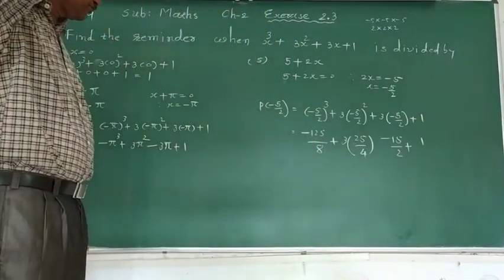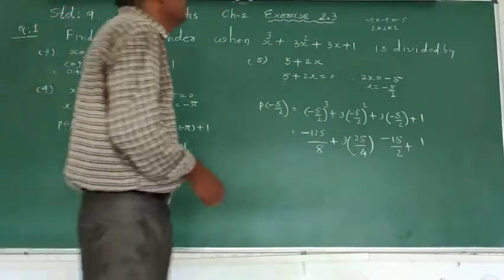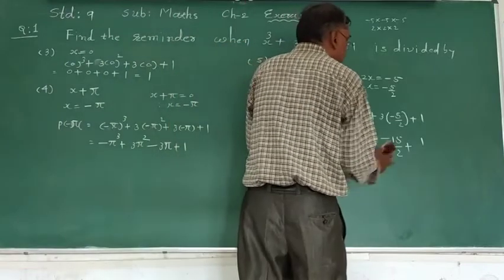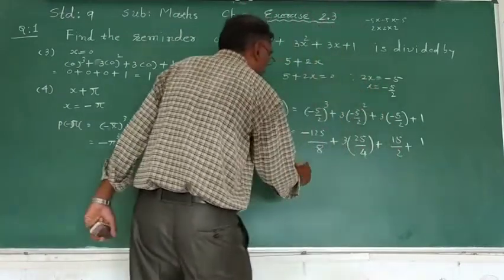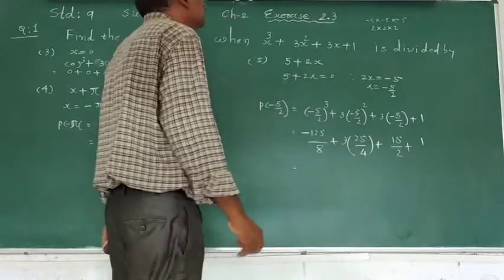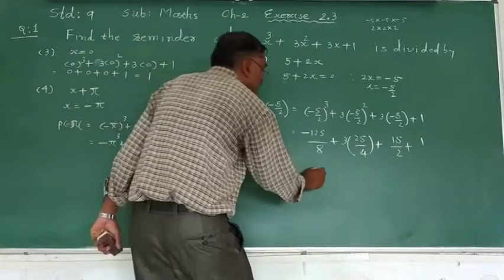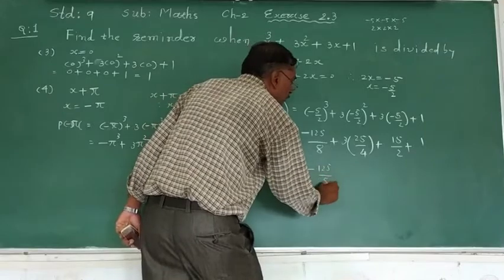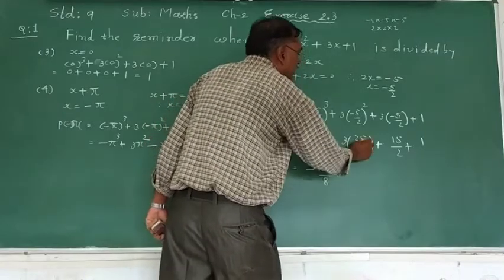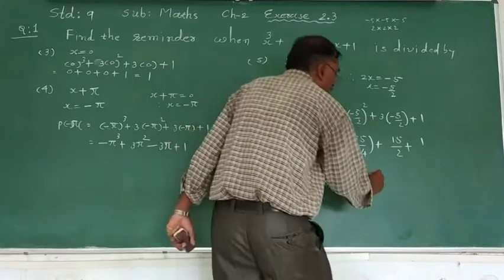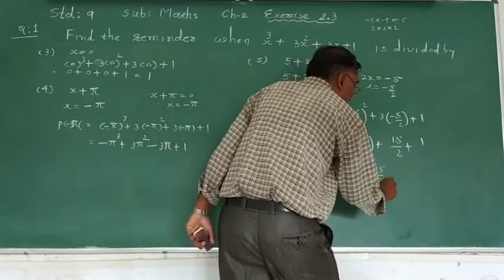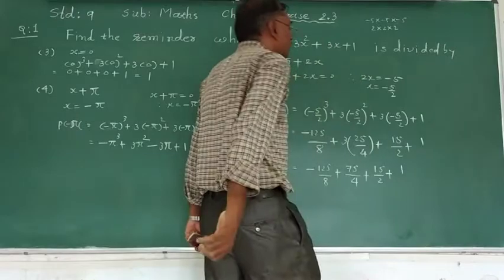Okay, so we have written here the different values. Now minus 125 upon 8 plus 75 upon 4 minus 15 upon 2 plus 1.